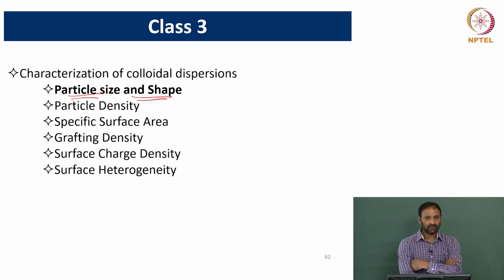So how do we do that? Somebody has given me a colloidal dispersion, and they ask you to find out the size of the particle or shape of the particle in the dispersion. What do we do?